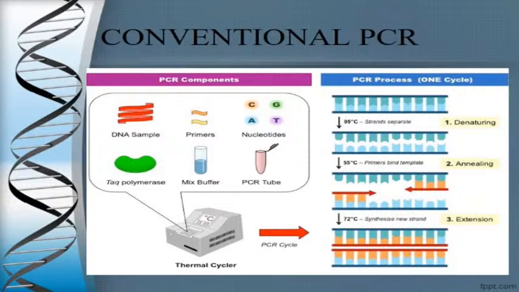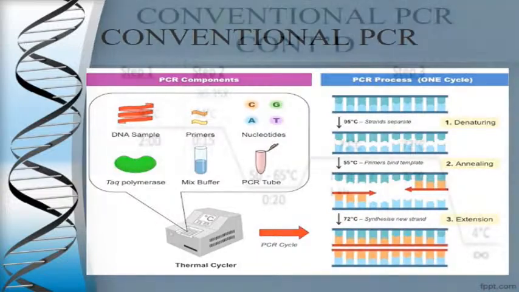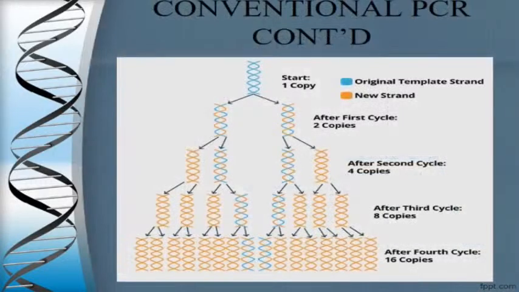And that will continue: cycle 1, cycle 2, cycle 3, cycle 4. By the time you get to the 30th cycle, you'll have something like a billion copies of that particular fragment of interest. After the first cycle, you have 2 copies. After the second cycle, you have 4. And then it continues like that.